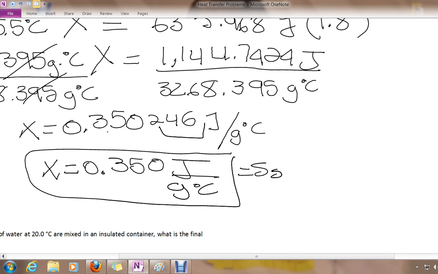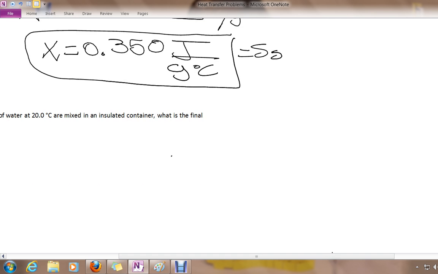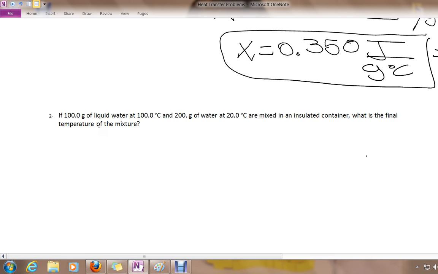Let's go with problem number 2. Problem number 2 says if 100 grams of liquid water, so we've got one system here. Let's start with system number 1. The mass is 100.0 grams and it's water.